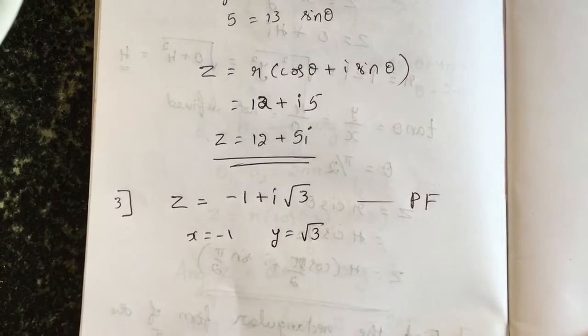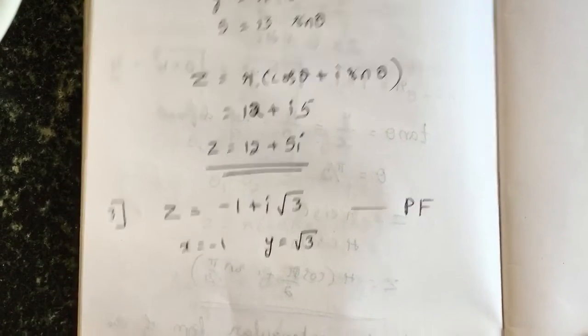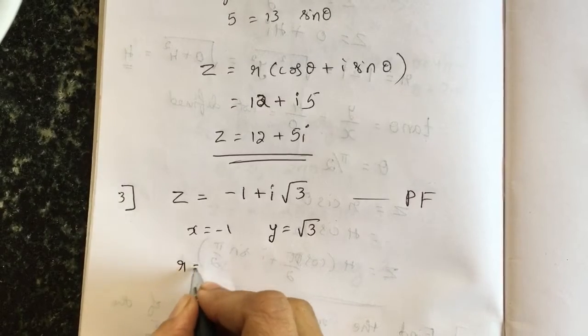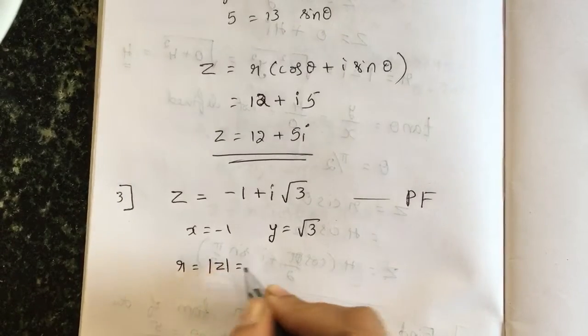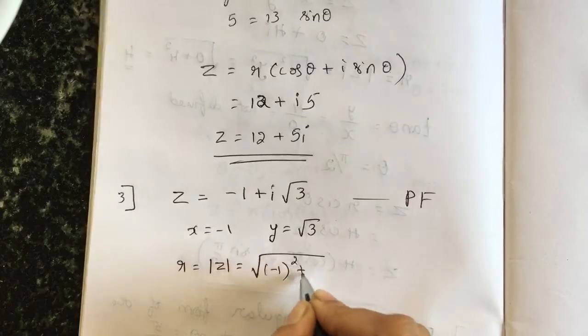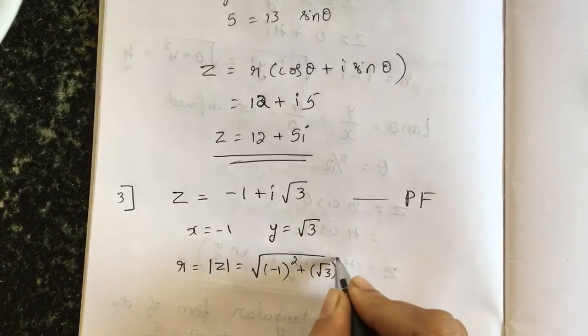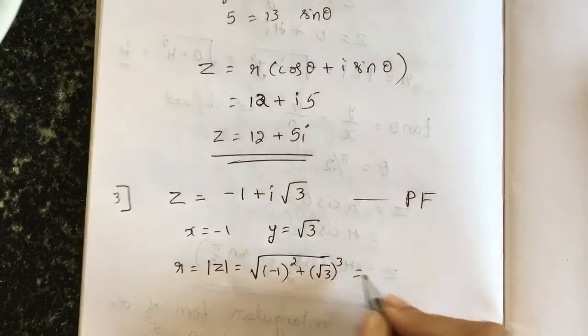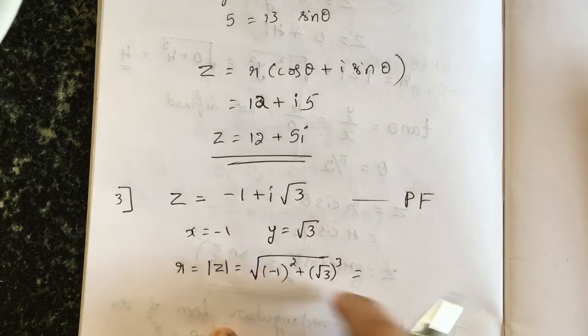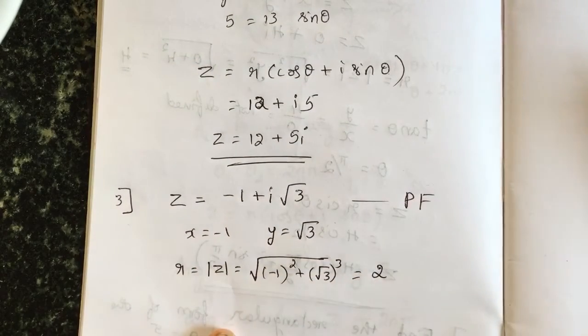Now I have to calculate r first. When you have to write it in polar form, the first thing you have to do is calculate the modulus of z, that is root of x square plus y square. Y is root 3 and x is minus 1, so it's 1 plus 3, that is 4, and root of 4 is 2.